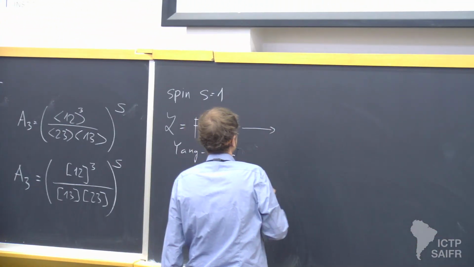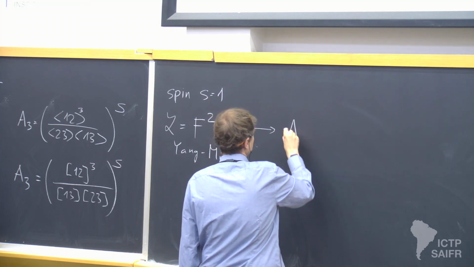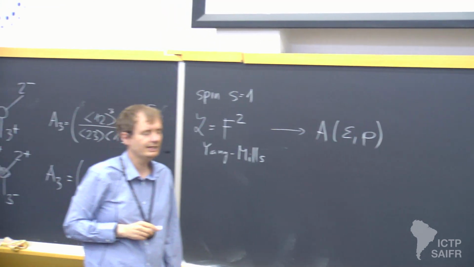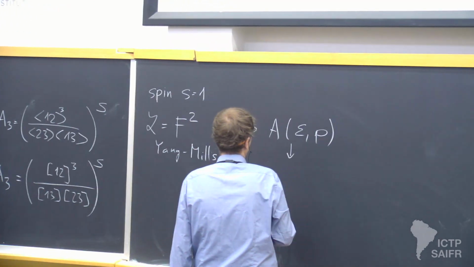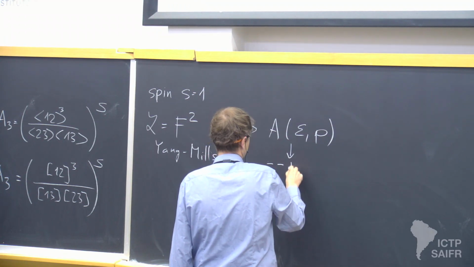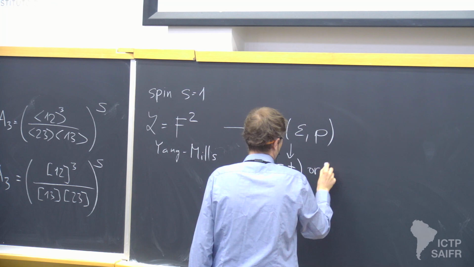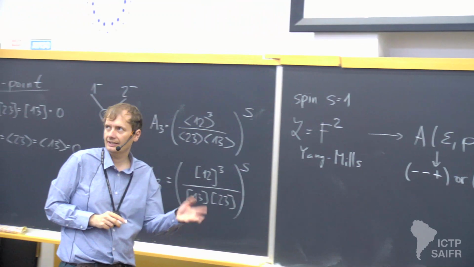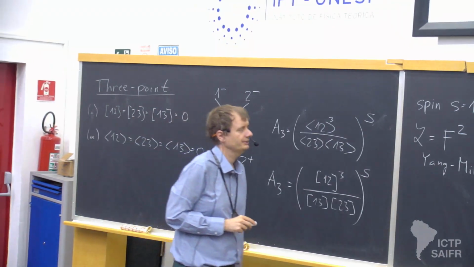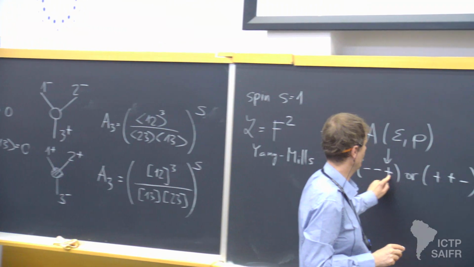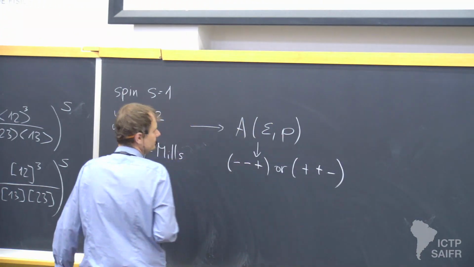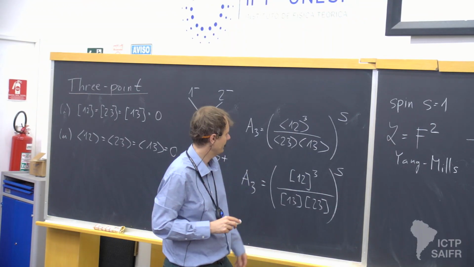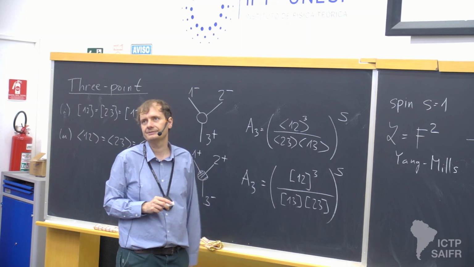If you calculate an amplitude in terms of epsilons, polarization vectors, and momenta, then you specify your polarizations to be minus, minus, plus, or plus, plus, minus, for any assignments of 1, 2, 3. It's important that there are just 2 minuses and 1 plus, or 2 pluses and 1 minus. You use the formulas that we had in the lecture for polarization vectors in terms of spinor helicity variables, and you land on these expressions.